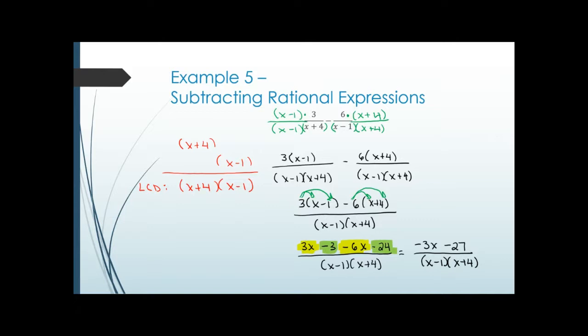And then out of 3 and 27, the biggest number I can divide out is a 3. So I can factor out a -3. I put that -3 in front, and then I divide -3 out of each of those numbers. So -3x divided by -3 is 1x, so I'm just left with an x. Then -27 divided by -3 is a +9. And then my denominator stays the same.